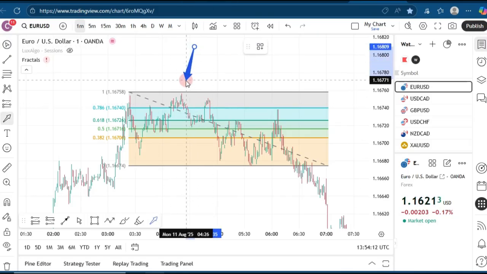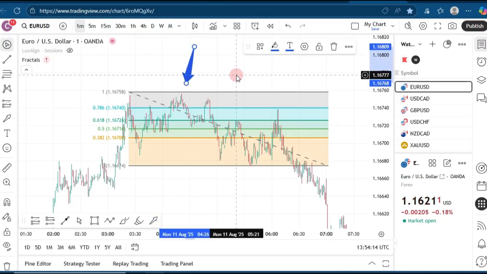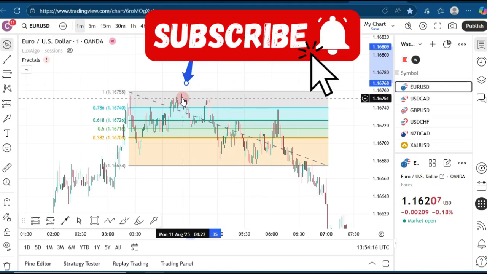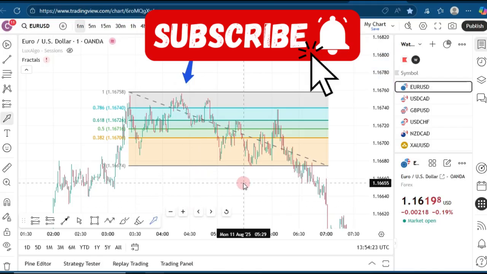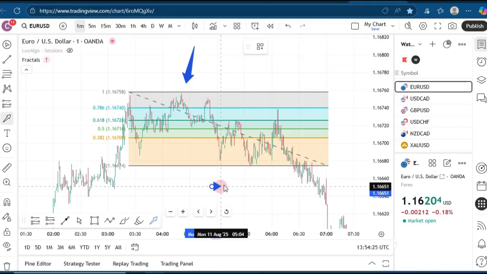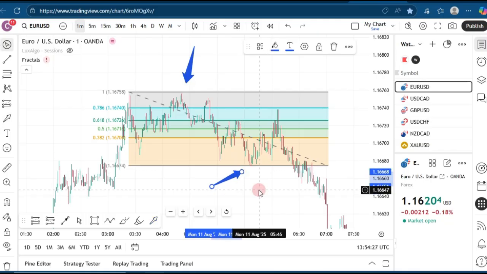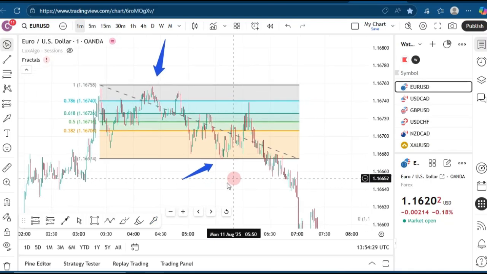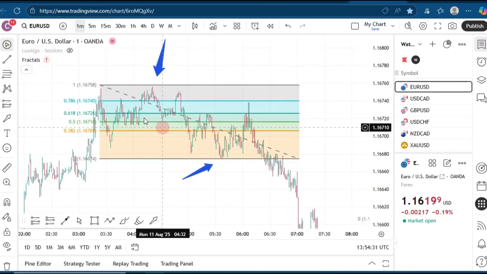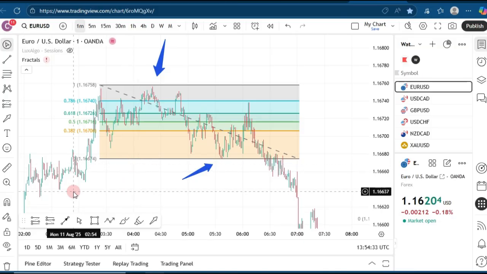This is how you are going to mark your fib. This is the highest price went, right? Make sure you also consider the wicks, and this is the lowest that price ever went down. So make sure that the fib covers this whole area over there.